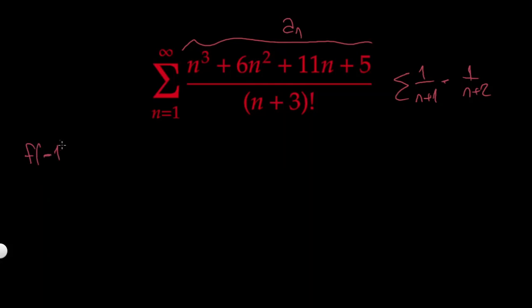So f of minus 1 is going to be minus 1. If I put minus 2, this is going to be minus 8, this is going to be minus 22, so it's minus 30, and this is going to be minus 29, so it's again minus 1.